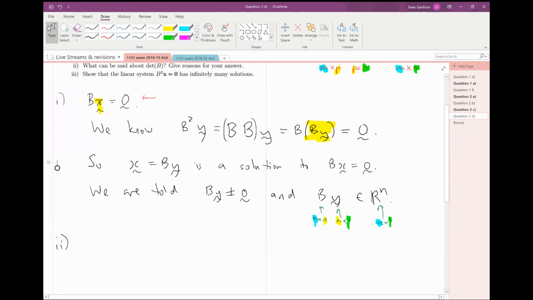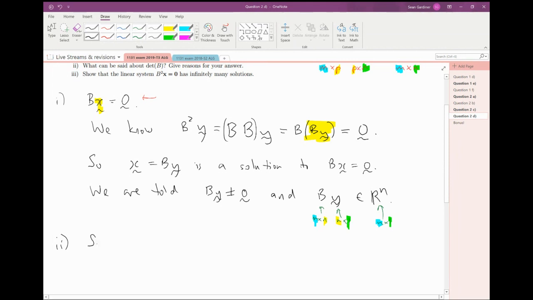So the way I think is a good way to start here is to decide, B is either invertible or it isn't. Maybe we can work out that it has to be invertible or it has to be not invertible, right?